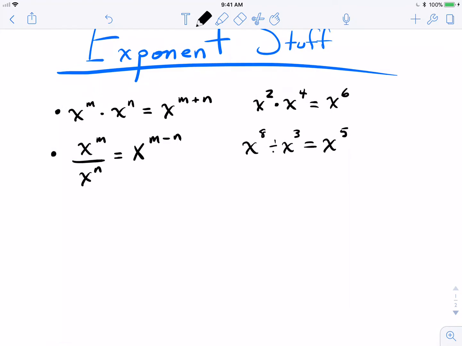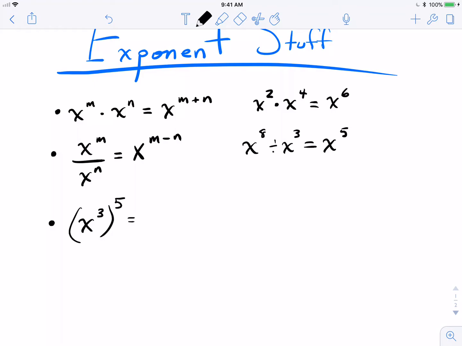And then we have what I not-so-accurately call the double exponent rule. In other words, when we have something raised to a power, then we raise that to a second exponent. This is referred to more commonly as the power rule. I call it the double exponent. You could probably see why now. We see two exponents taking place.